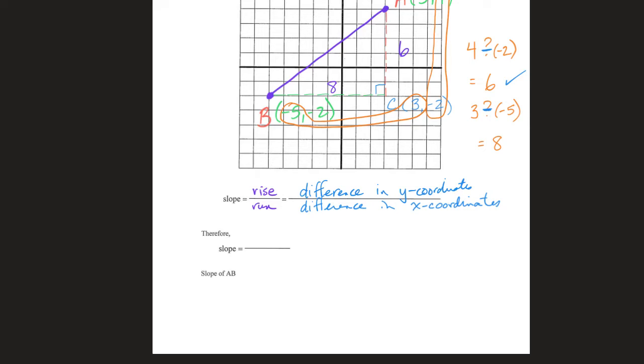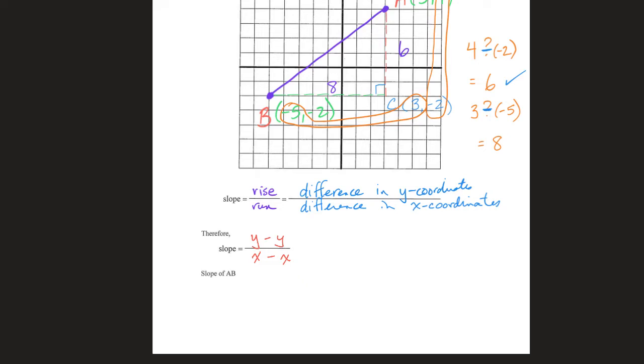And what we have are really 2 different formulas to be able to calculate it. What we could end up having, and you'll see me put this down in red, is the y coordinate of one of our endpoints subtract the y coordinate of our other endpoint, divided by the x coordinate of one of our endpoints minus the x coordinate of the other one.